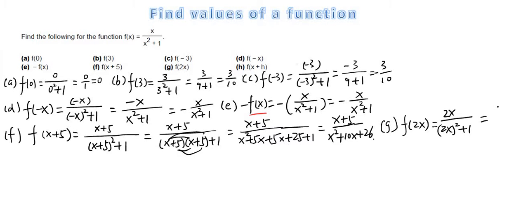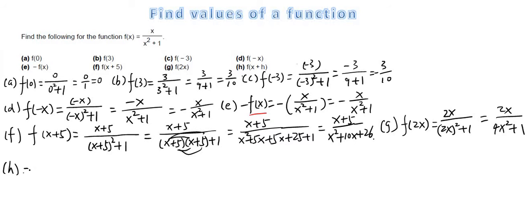This boils down to 2x over 2x squared, which means 2 squared is 4x squared, plus 1.